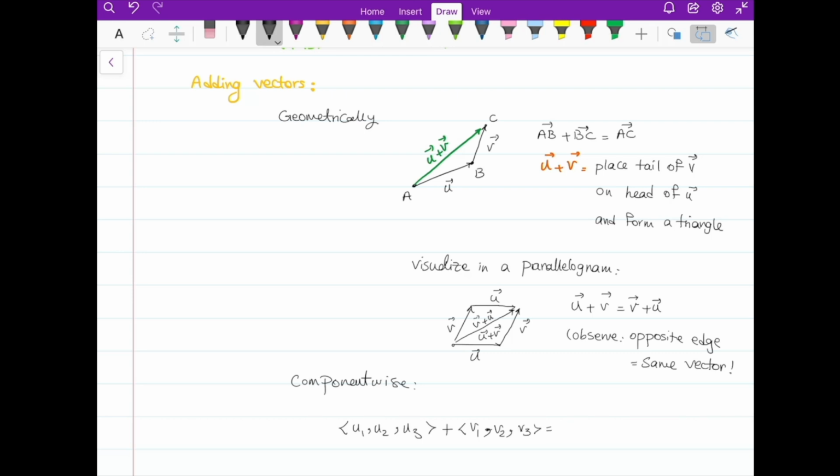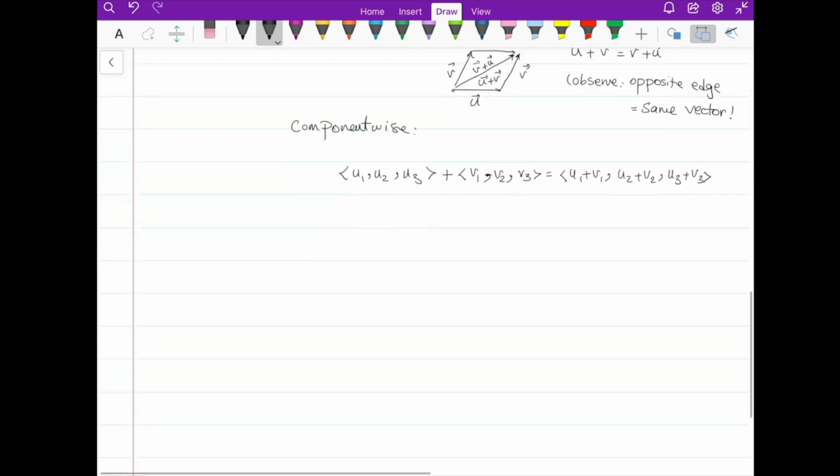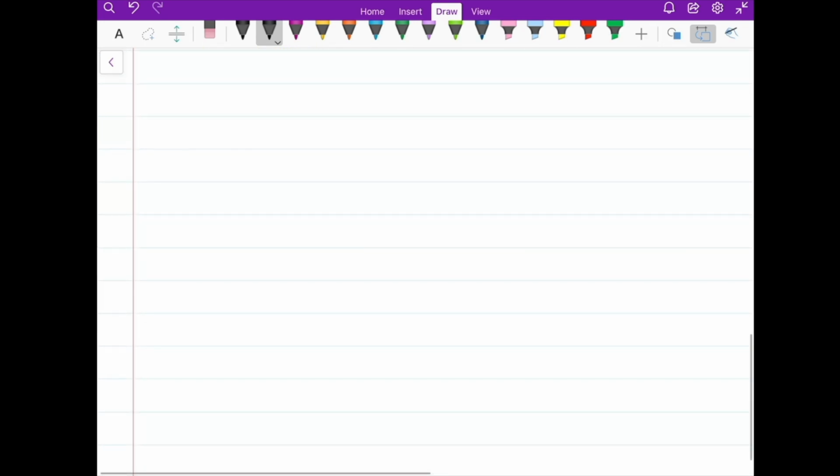Then the addition vector would be u1 plus v1, u2 plus v2, and u3 plus v3. Very good. Okay, so that's addition of vectors. Then I'm gonna talk about multiply by scalar. So let me write scalar multiplication.